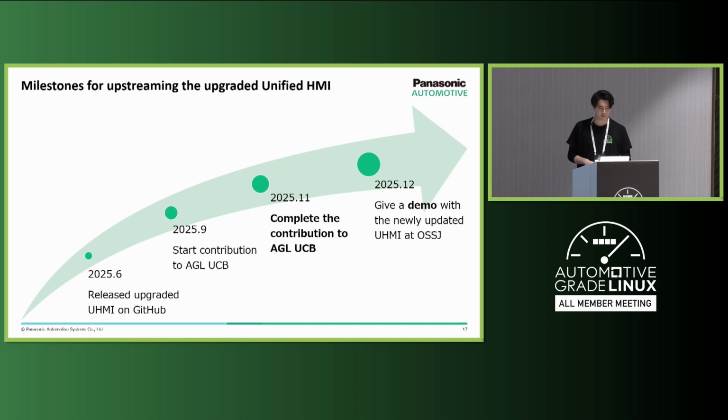And in December, we will give a presentation at Open Source Summit Japan about using the upgraded Unified HMI frameworks and collaborating with multiple operating systems such as Linux, AGL, and Android. And I will introduce the abstract of this demonstration later in this presentation.